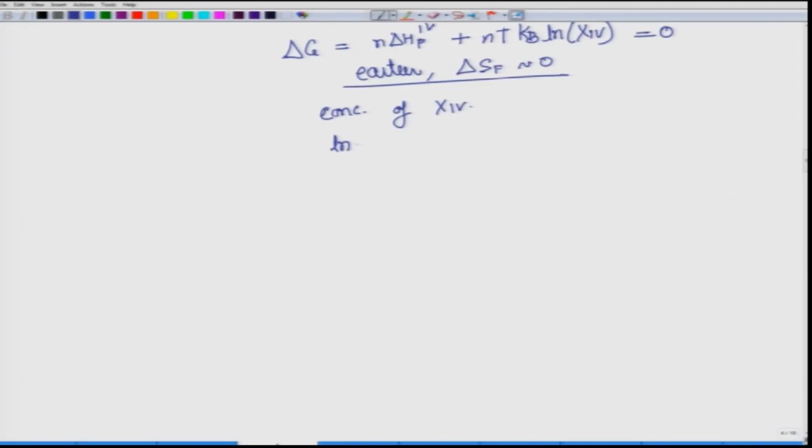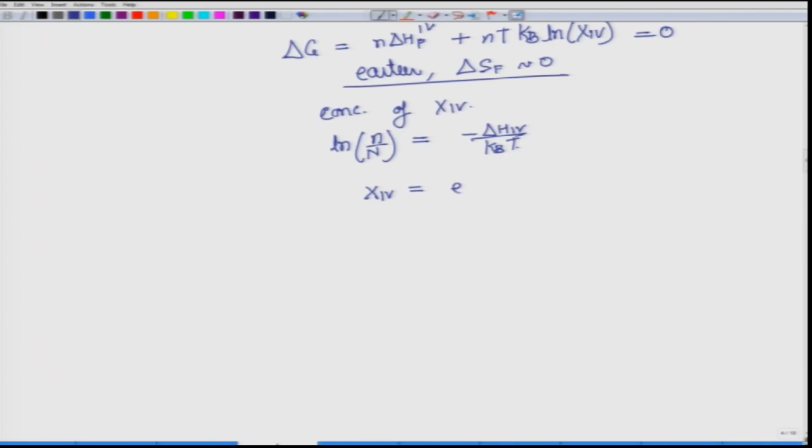You will get a relation that we will derive next time. We will get a relation something like this. And this n by N is nothing but our fraction of single mono vacancies.